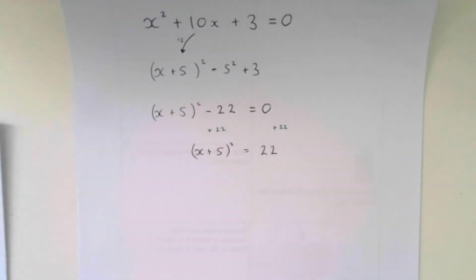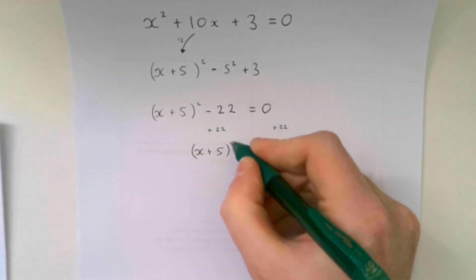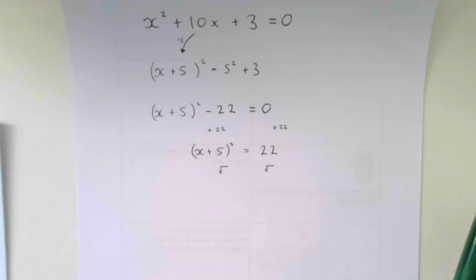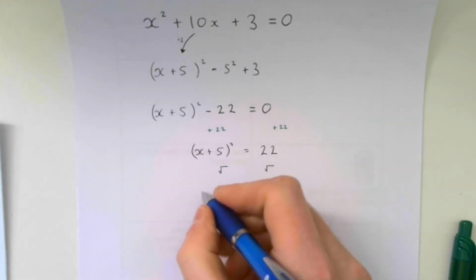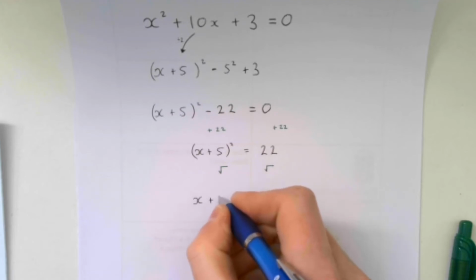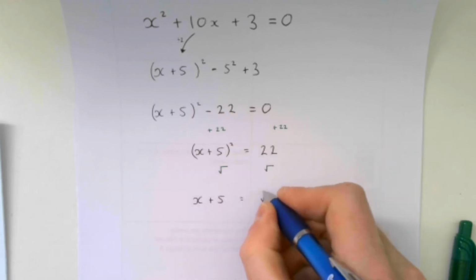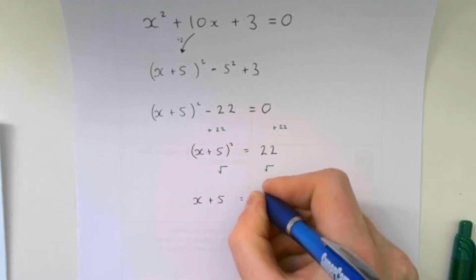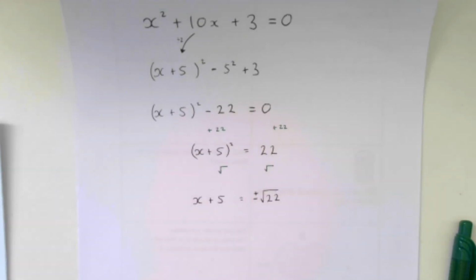The second step, and again it's always the same, is to get rid of this squared. The opposite of squaring something is square rooting, so we're going to square root both sides. This side removes the squared, so we end up with x plus 5, and then we've got the square root of 22. Whenever we square root something, we need to remember that there's a positive and a negative square root.